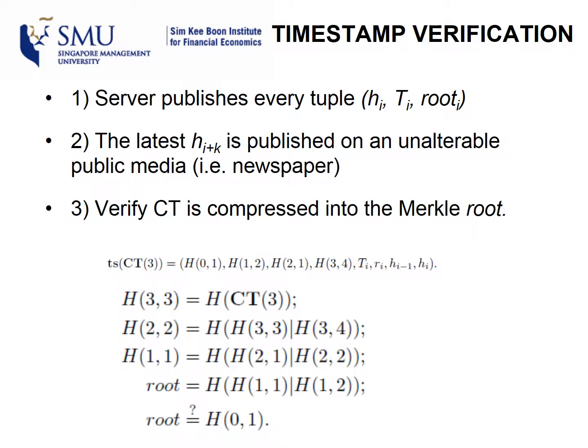Then with H33 and H34, we can calculate H22. With H22 and H21, we can calculate H11. With H11 and H12, we can calculate a macro root. Then we verify whether or not this calculated root is equal to H01.